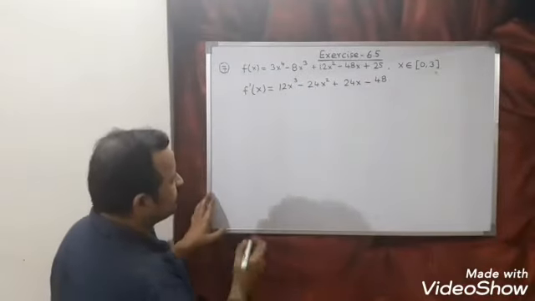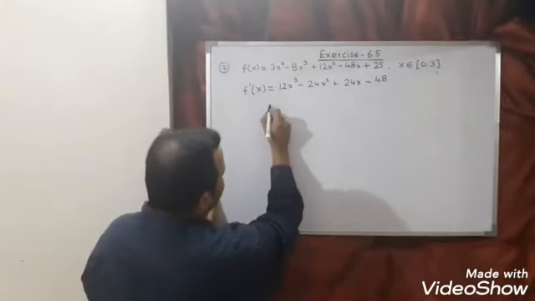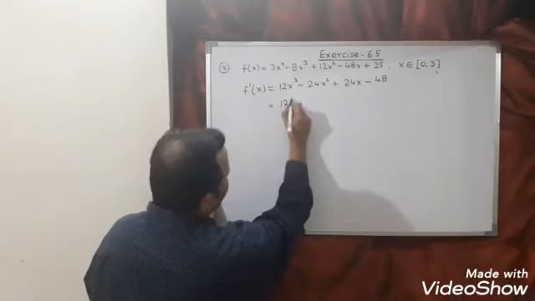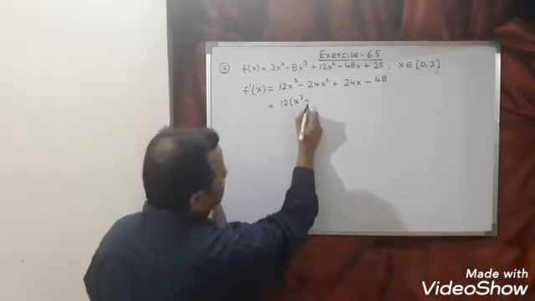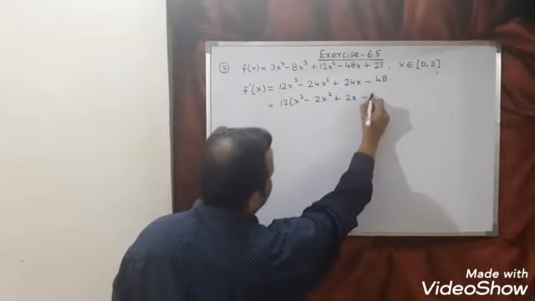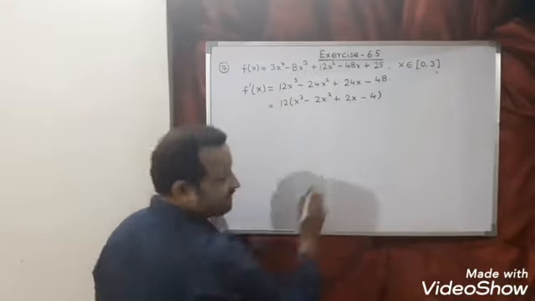Right. Next, I think we can take something common. So here I can say 12 into x cube minus 2x square plus 2x minus 12 4s are 48.